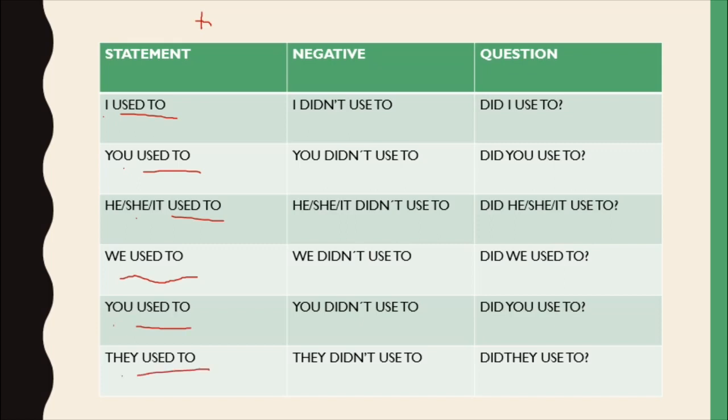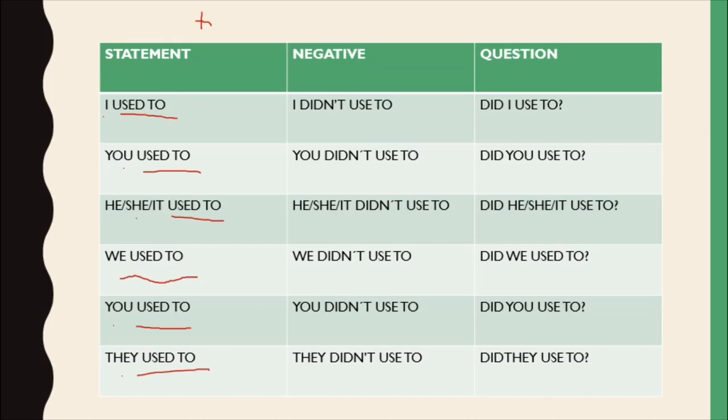We have no problem. The writing is not different in he, she, it. It stays the same because it's past. Okay? Let's remember that in past, the he, she, it pronouns are the same.